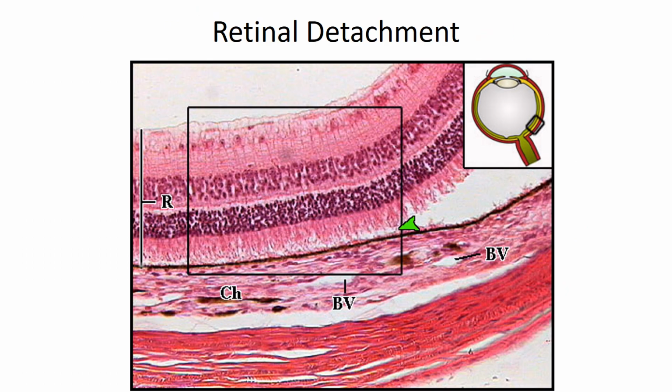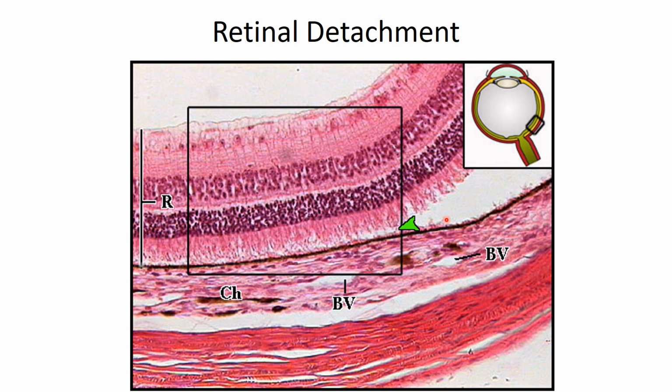Something about the applied aspect. As we have discussed, the two distinct layers, the pigment epithelium, which is the outer layer, and the neural layer, developed from the optic cup.